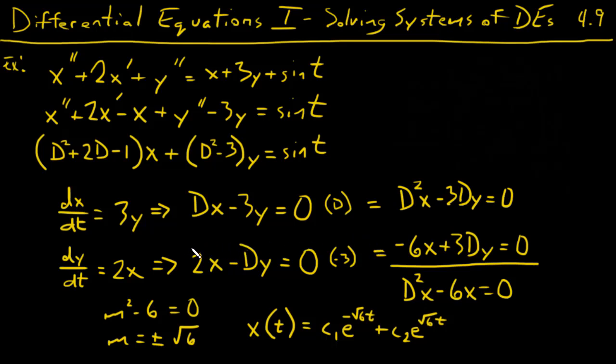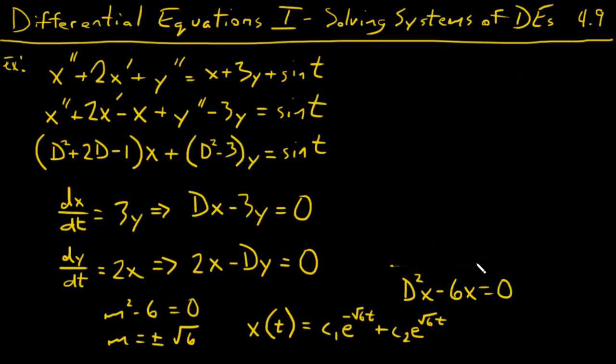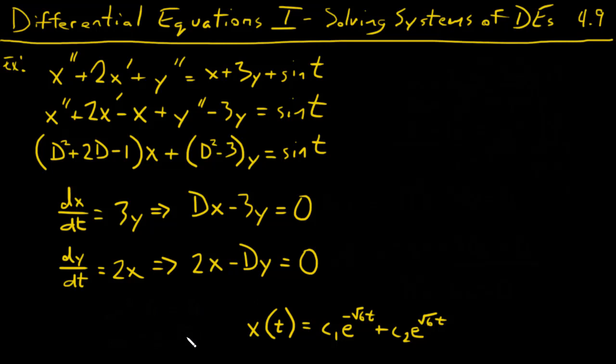Okay, so I'm going to erase, really all I need to erase is this part right here, what we're multiplying by. I'm going to keep this x of t solution and just kind of figure out a place to do scratch work maybe up here.